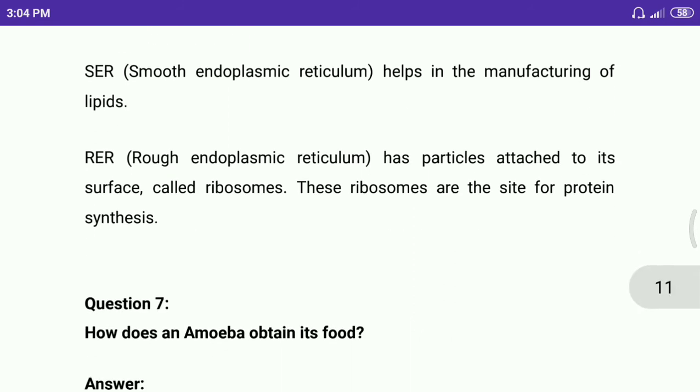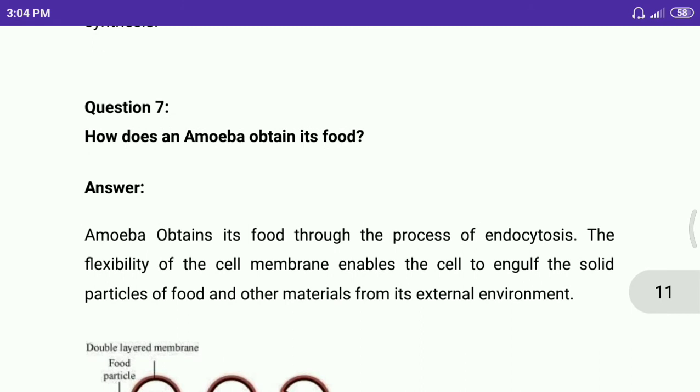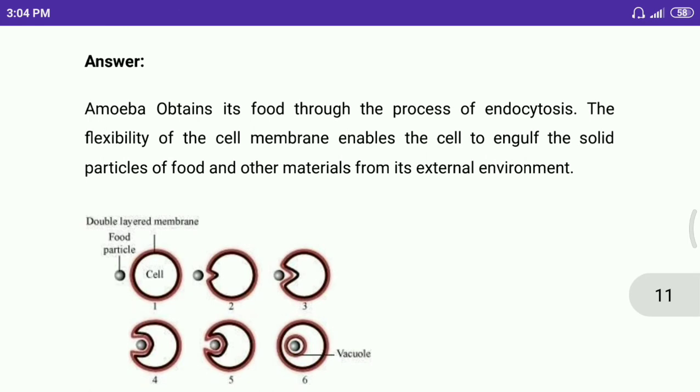Question 7. How does an amoeba obtain its food? Answer. Amoeba obtains its food through the process of endocytosis. This flexibility of the cell membrane enables the cell to engulf solid particles of food and other material from the external environment.